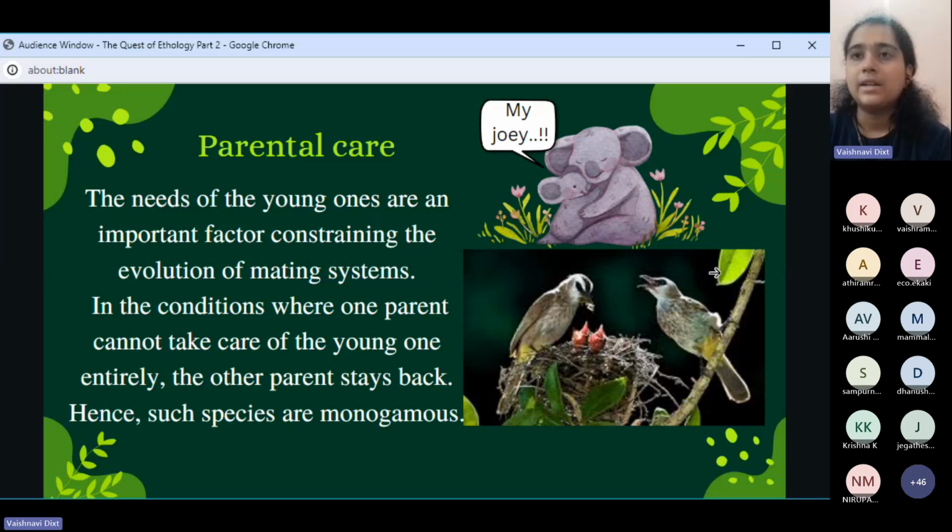So for the other parent, it is beneficial to stay back and take care of the offspring, isn't it? Hence, such species are monogamous, because it is beneficial for the parent to take care of its own offspring. That is why we observe that many species of birds are mostly monogamous, as you can see over here.